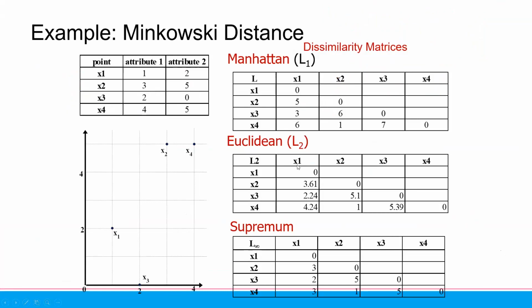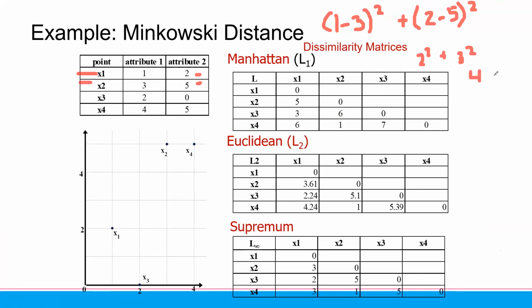What about the Euclidean distance? The Euclidean distance for x1 and x2 means we have 1 minus 3, and then we will do the square, plus 2 and 5, and then we will do the square. So 2 power of 2 is 4, and we have 3 power of 2.